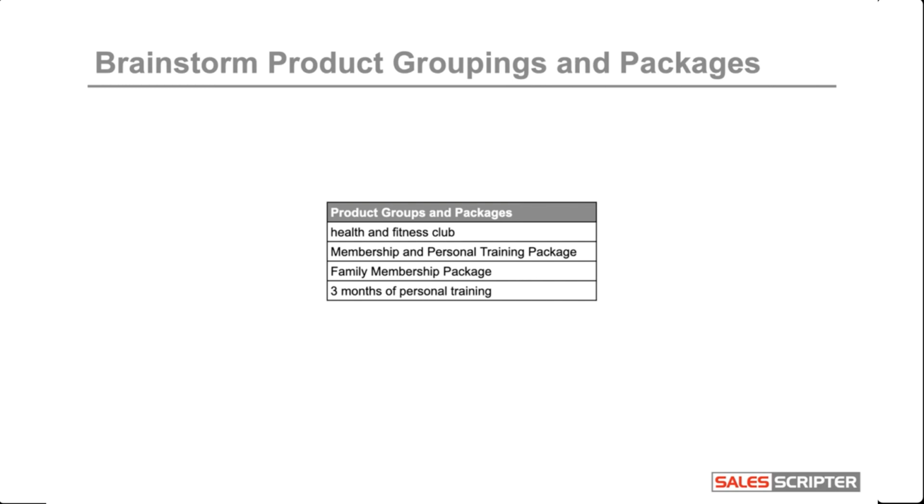You might try to think of a way to bundle everything together, so it's almost like an everything that you sell, something you can refer to like your portfolio of products or services. So for the gym membership example, that might be a health and fitness club, but they also have these other packages, and it might be worth listing those out.